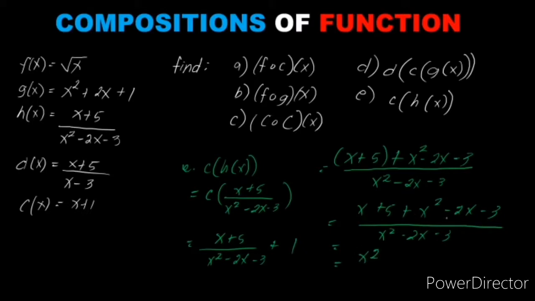And then, x minus 2x is negative x. 5 minus 3 is positive 2. Since the denominator naman ay x squared minus 2x minus 3. Okay, since non-factorable na ulit yung numerator and denominator natin, that means this will be our final answer for this problem.